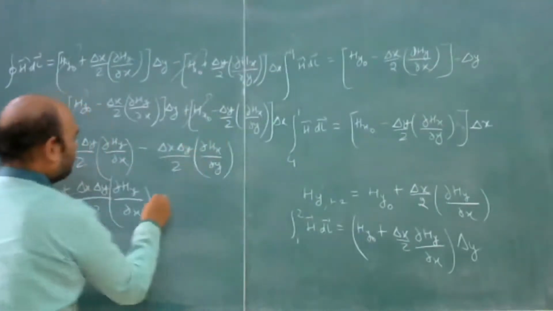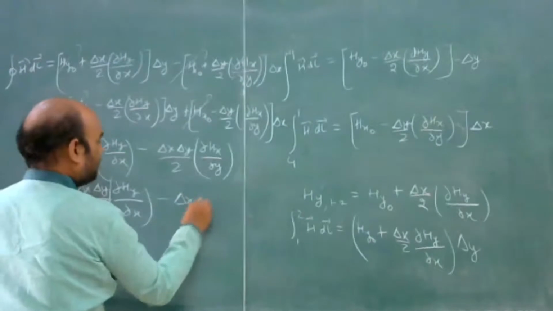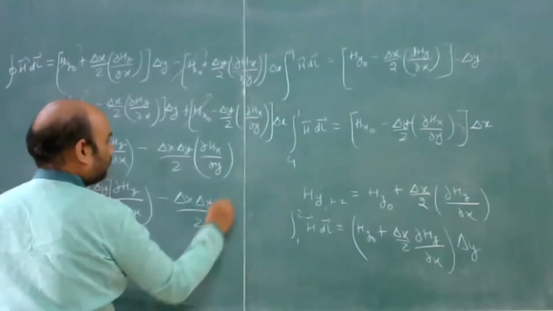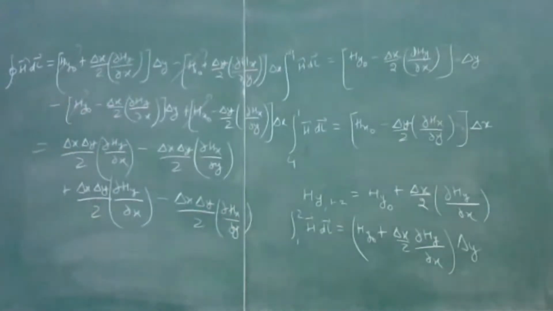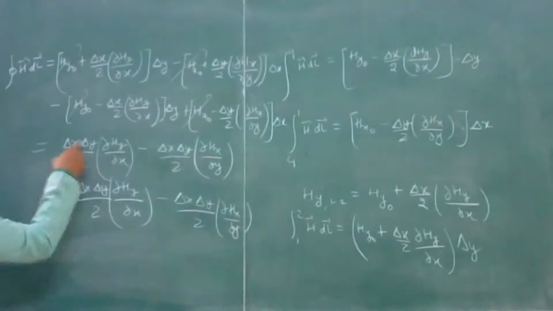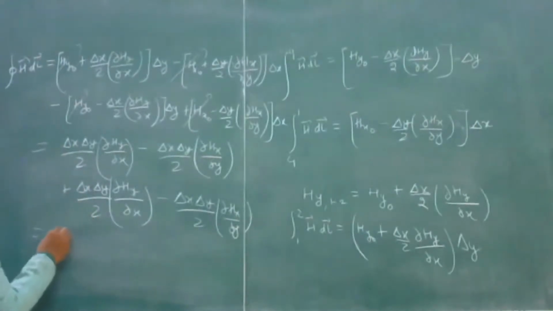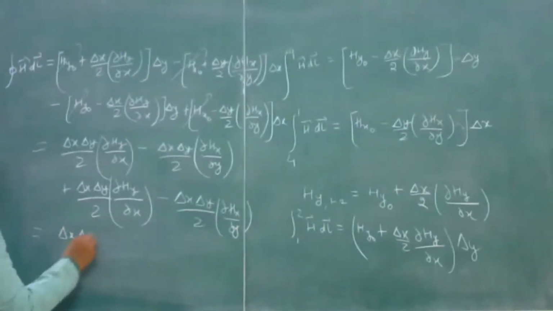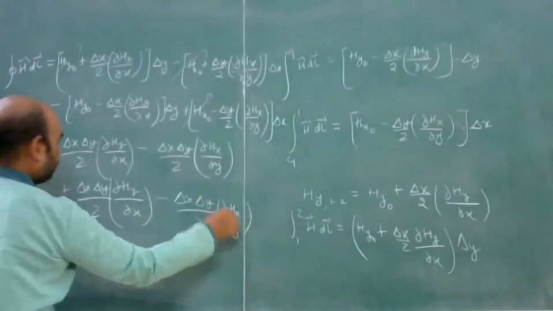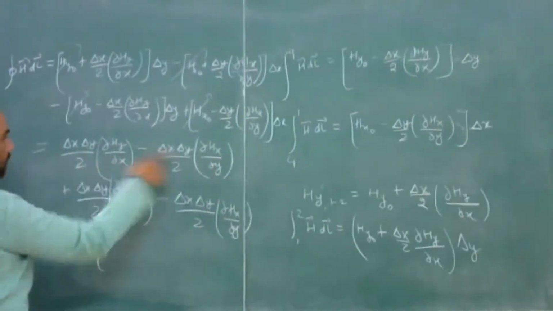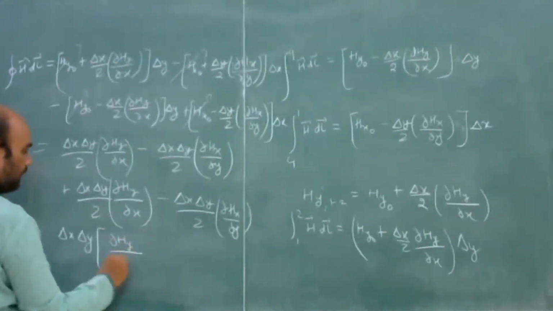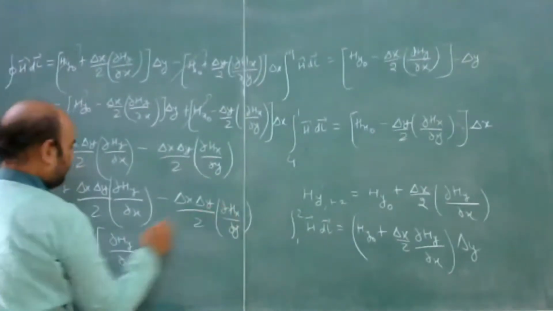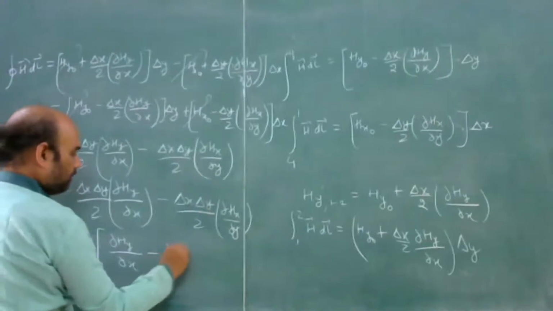This is negative, so this will be delta x delta y by 2 plus del Hx. So adding these, delta x delta y is taken out, the 2 becomes half and half becomes 1, so this is del Hy by del x minus del Hx by del y, this will be negative.